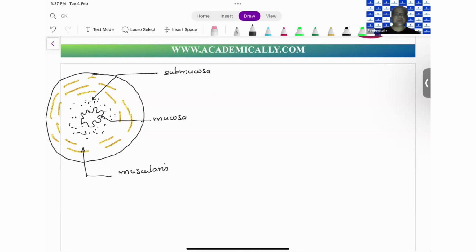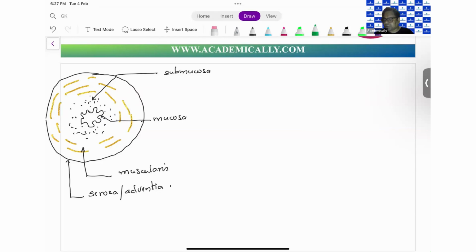Now in the GI tract, the outer layer can either be serosa or it can be adventitia. Now, what is the difference between the two? Serosa is when there is peritoneum. When the organ has peritoneum outside, it is called serosa. Where there is no peritoneum, it is called adventitia.